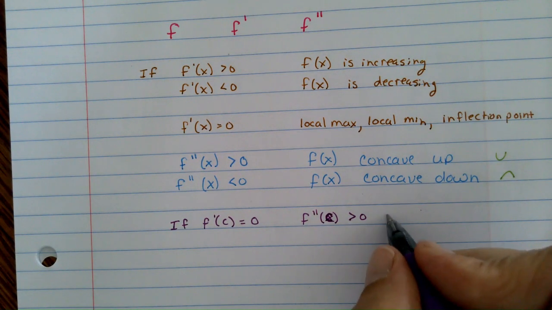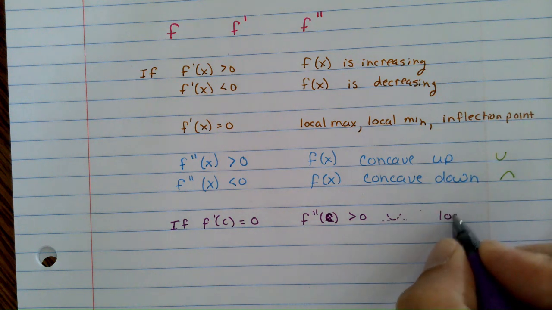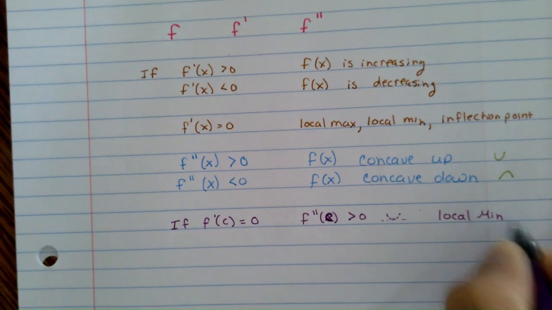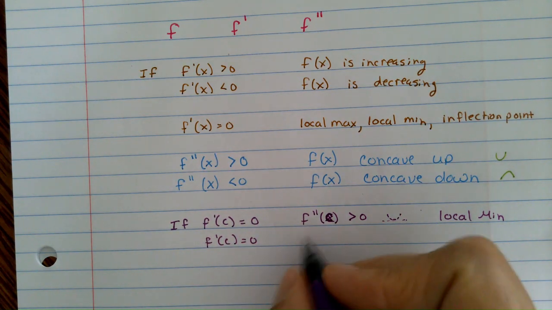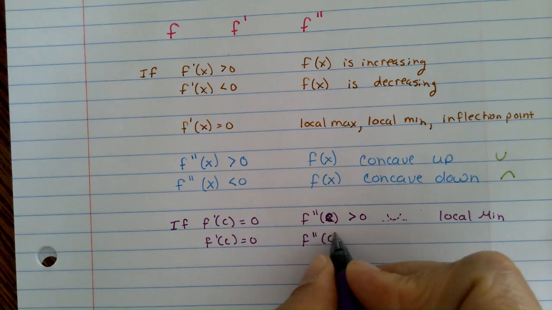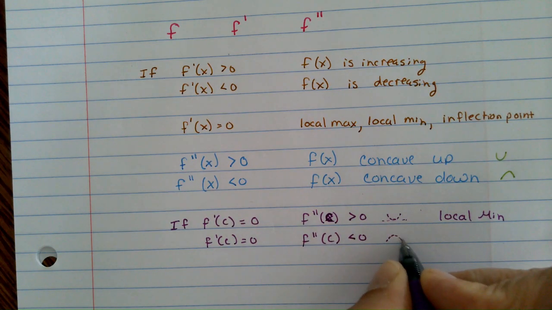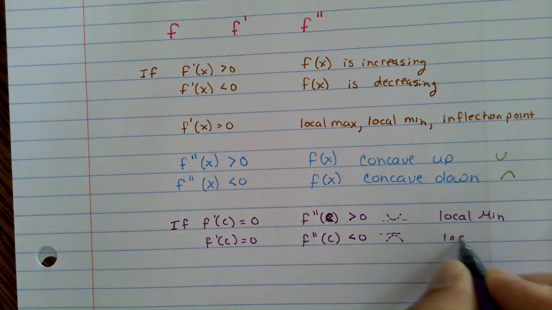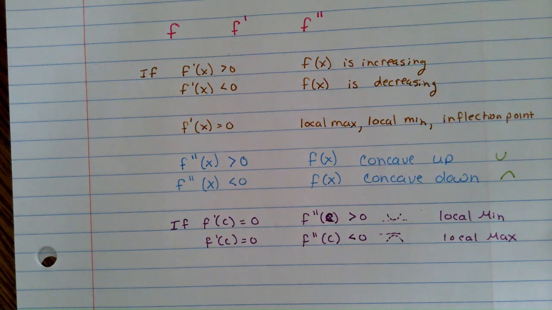So we're concave up, but our derivative is 0. Oh, we have a local min. If your derivative is 0 and your second derivative is less than 0, meaning concave down, we have a local max. It's not really how I like to check for them, but we can do it that way.